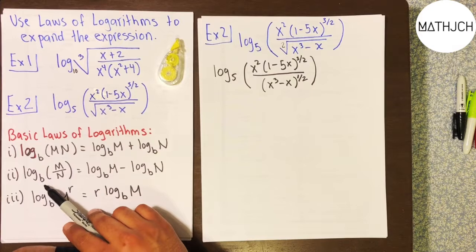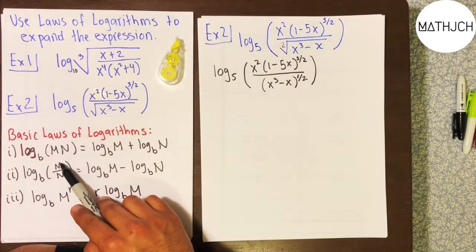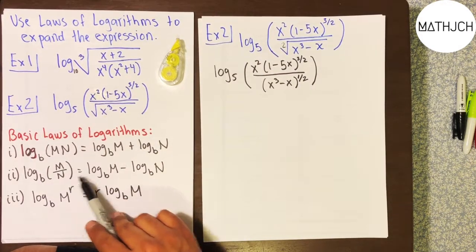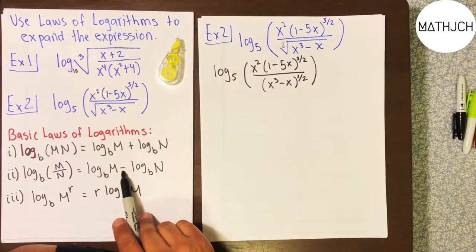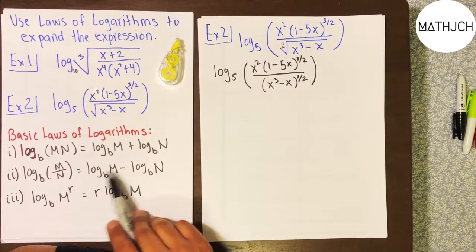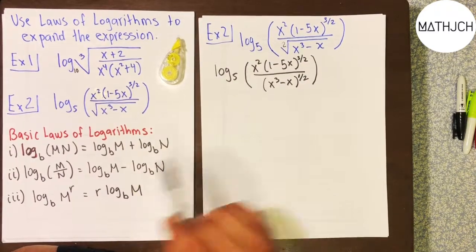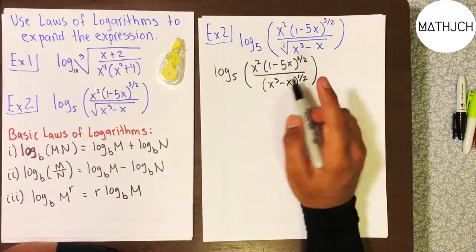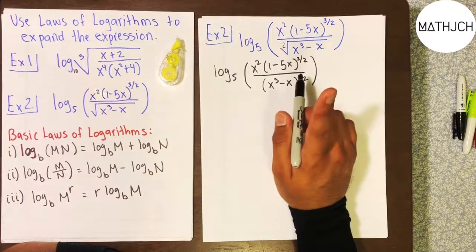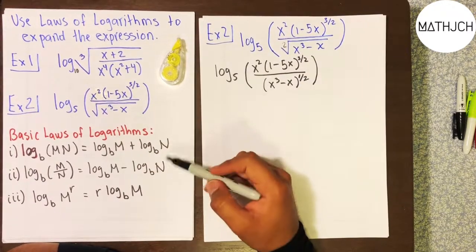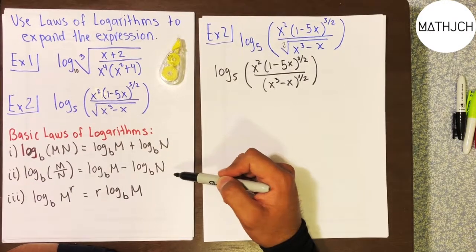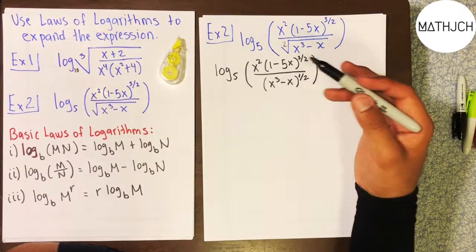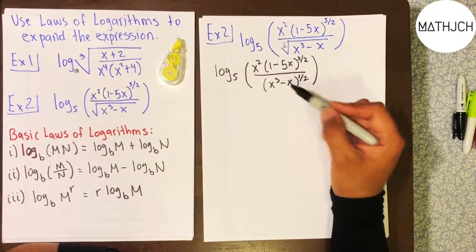We have log with base b of m divided by n. So we're going to expand it as the numerator minus the denominator, each one with its own log, okay? So remember, the first law to apply is the division, because in the big picture, we have a division, okay?